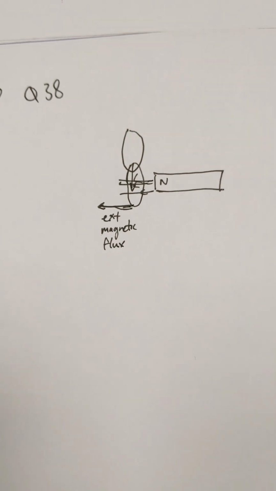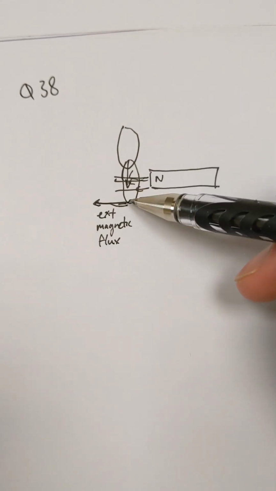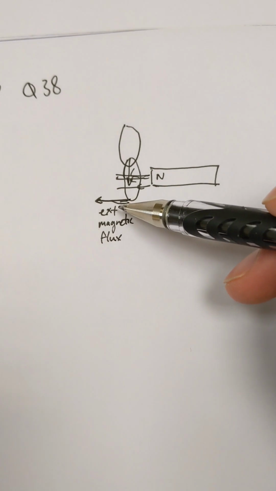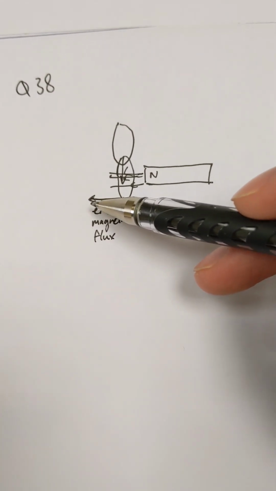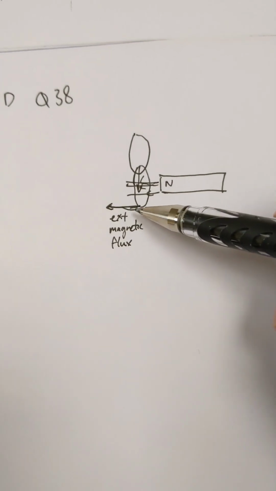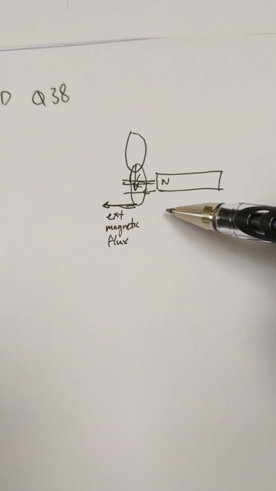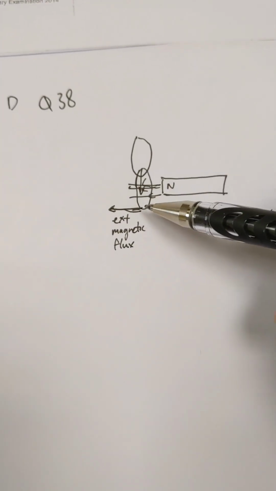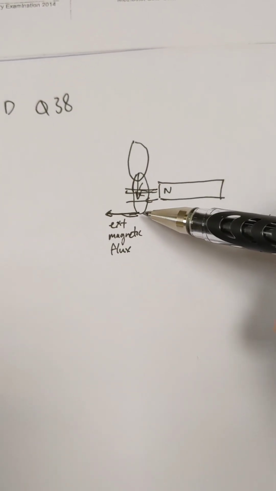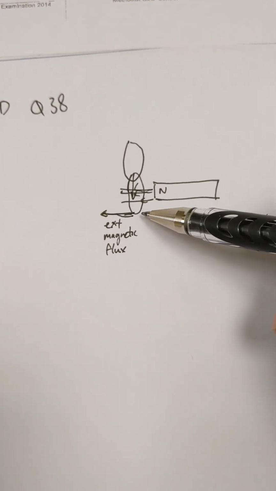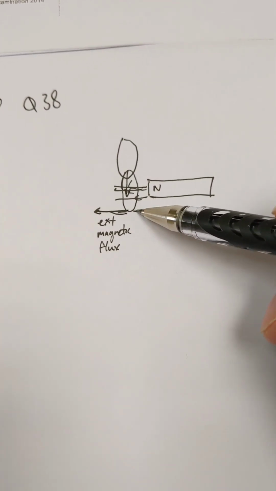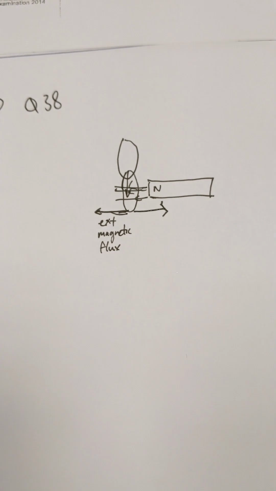Now, by Lenz's law, a current will be induced in the ring to oppose this increasing magnetic flux. So if I want to oppose the increase in the magnetic flux, how should my current flow so that I can weaken the flux? Well, you want to flow in such a way that the induced magnetic flux will be this way, right?